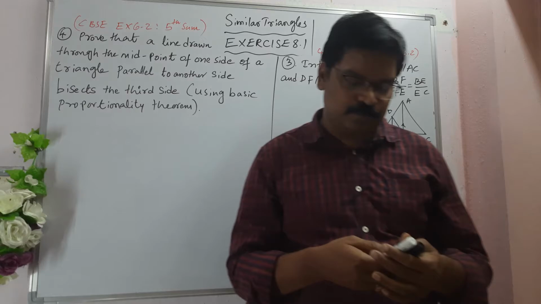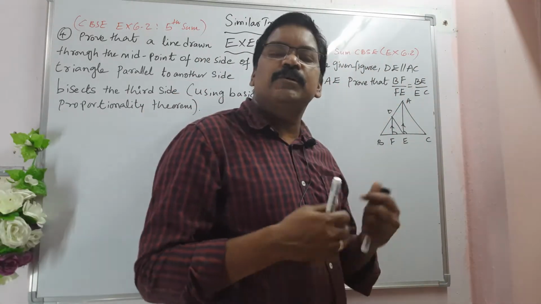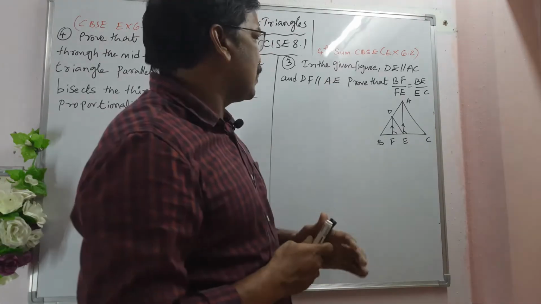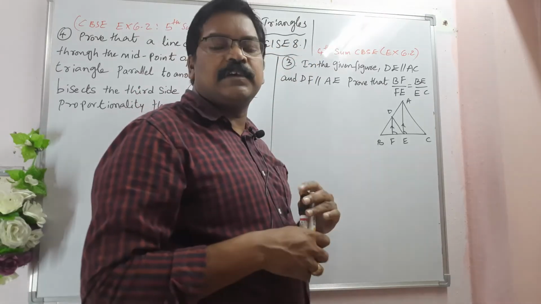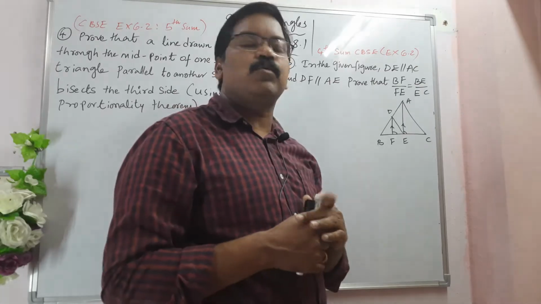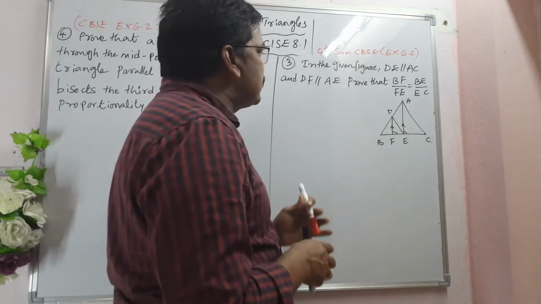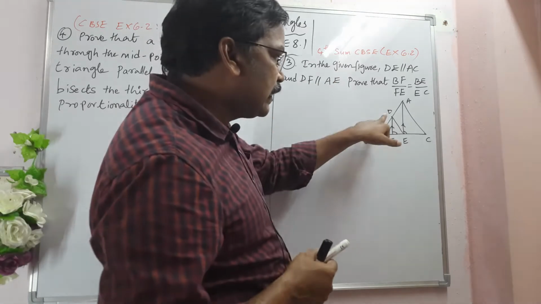Thank you very much. See, in the last class we discussed the basic proportionality theorem and its converse. Now, coming to the third question in exercise 8.1 for AP students and the fourth sum in CBSE exercise 6.2. The question is like this. In the given figure, DE is parallel to AC and DF is parallel to AE.